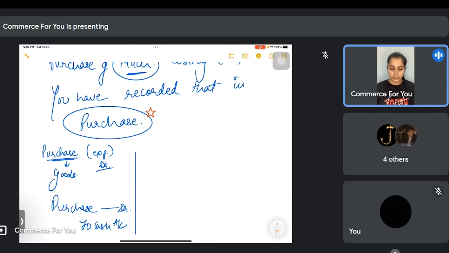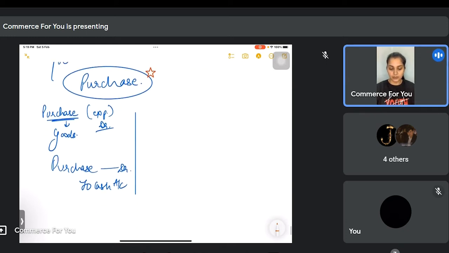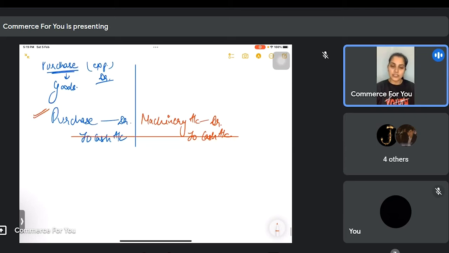So the actual entry required in the books of account should be machinery account debit to cash or bank account. Now, to rectify it, you need not change the cash. Purchase, an expense, was wrongly debited.